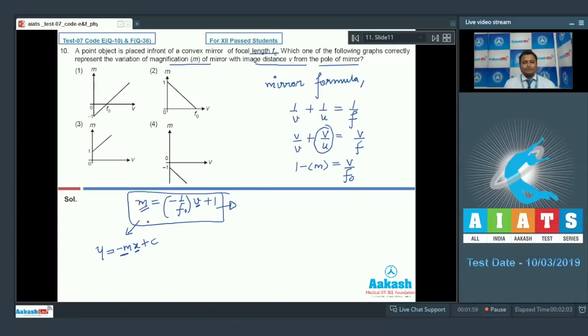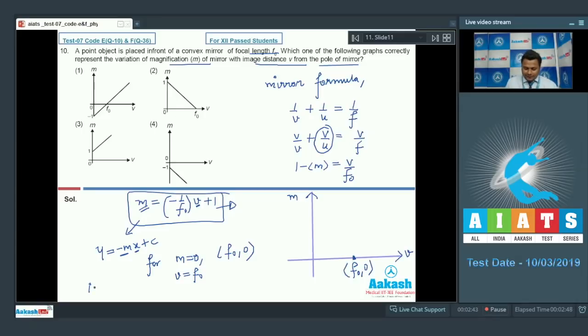Now the slope is negative, so the straight line will bend toward left side, and it will be plotted something like these are the axis: magnification axis, image distance axis. Now for m equals 0, if we put m equals 0, we get the value of v as f0. So we got the coordinate, that is f0, 0, which lies somewhere here, f0 and 0.